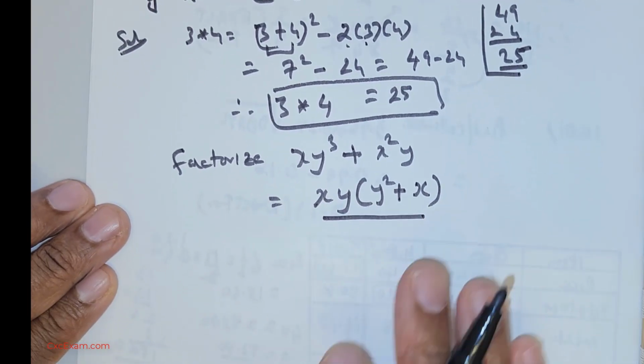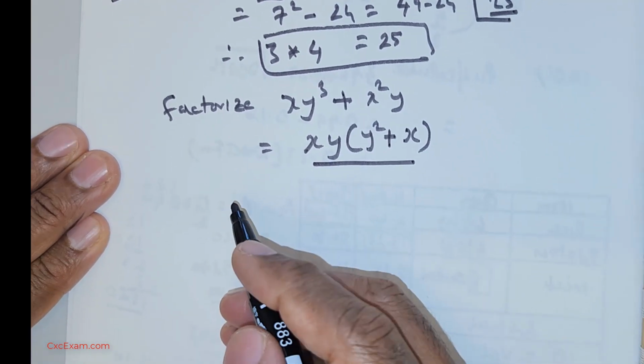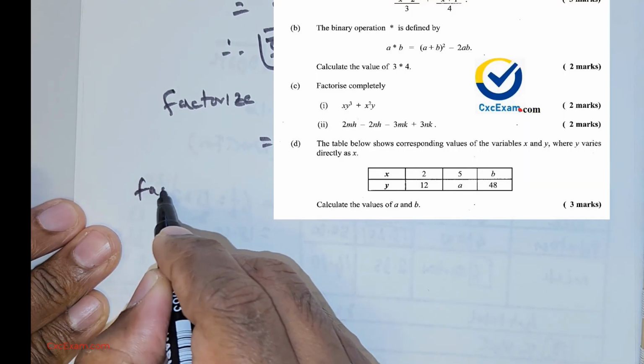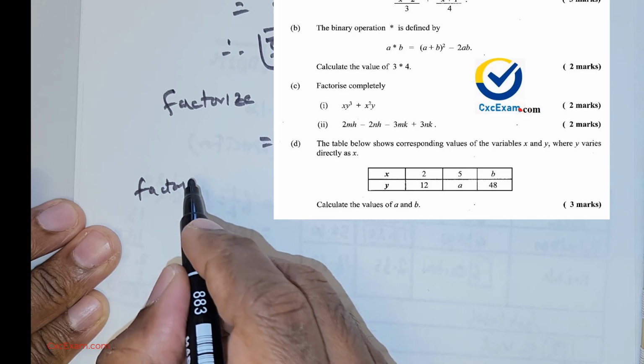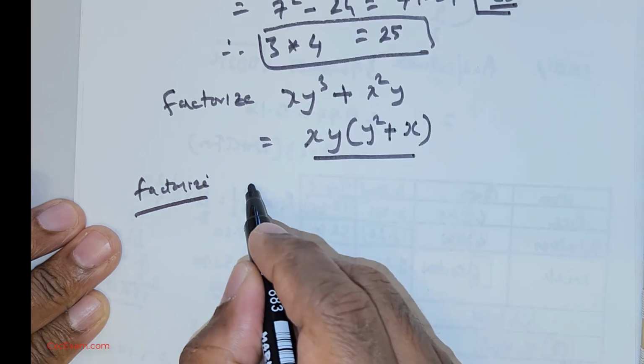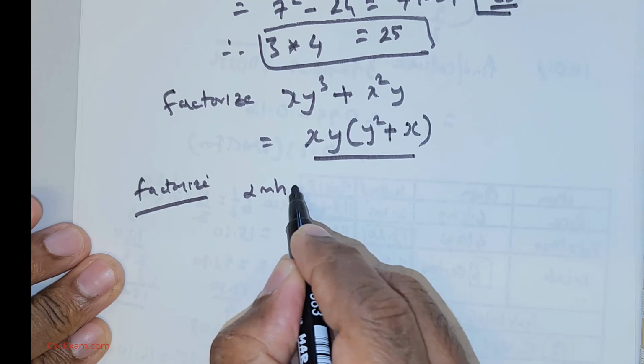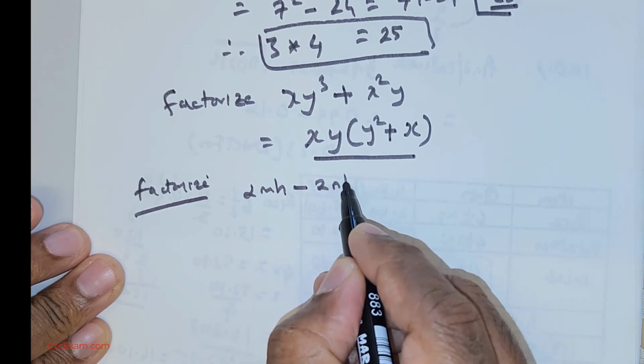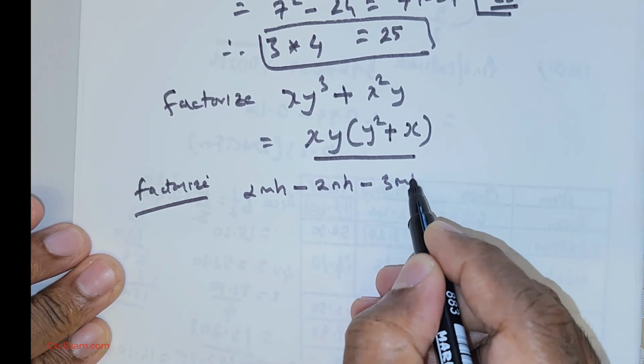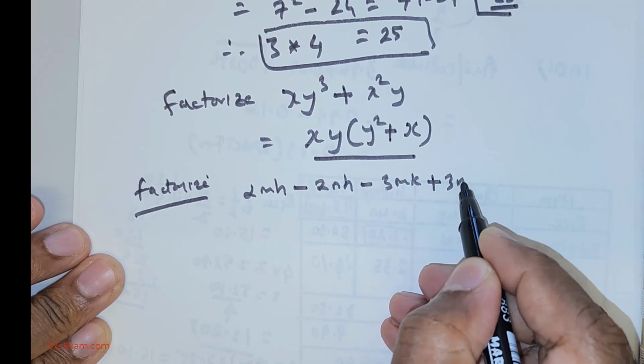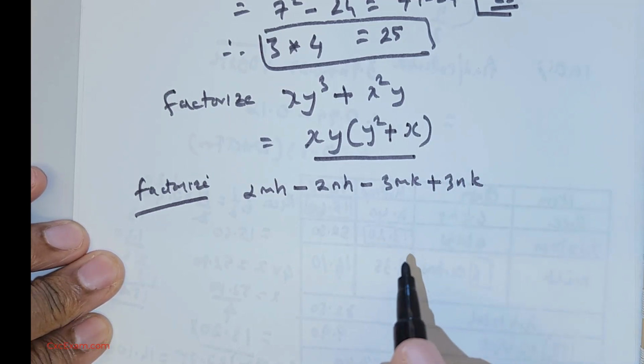So the next question on factorize is the following. Factorize 2mh - 2nh - 3mk + 3nk.